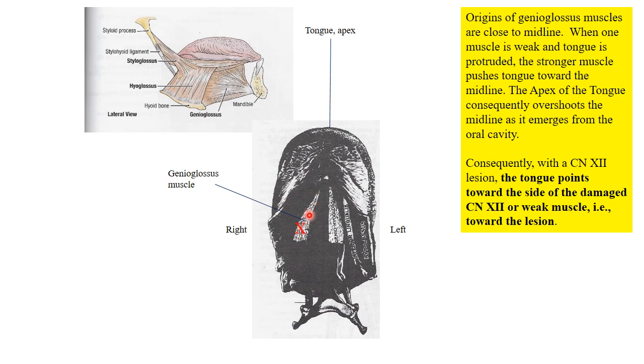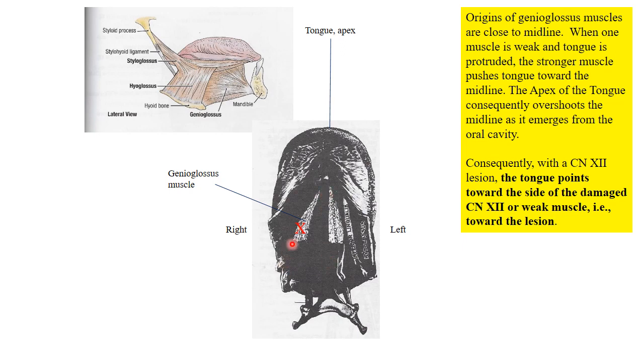Now, what you gotta imagine is that not only does this muscle pull the tongue out, but it's also pulling the tongue towards the midline because the origin is right at the midline, right at the chin. And so the right genioglossus is trying to pull the tongue towards the midline, and so is the left.